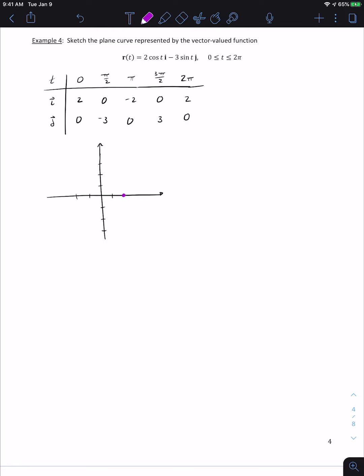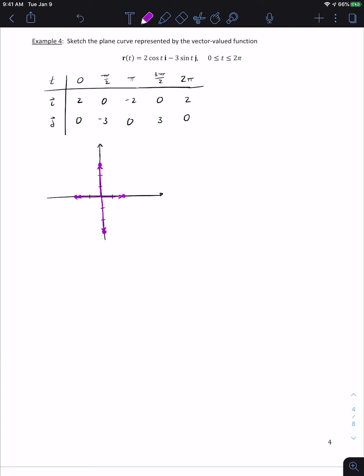It corresponds to that vector, but I mark the point at the terminal point of that vector. Then I have the vector 0, negative 3, so that one points downward. It has negative 3 in the j direction, so that's this point down here. Then I have negative 2, 0, so that is this vector right here. And then I have 0, 3, so that is this vector right here.